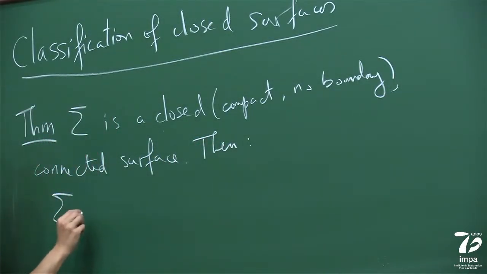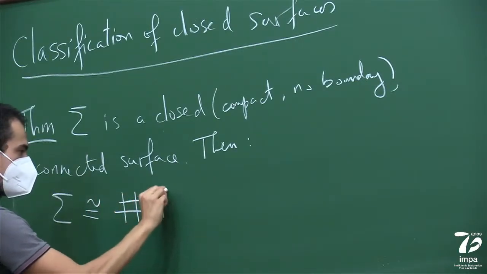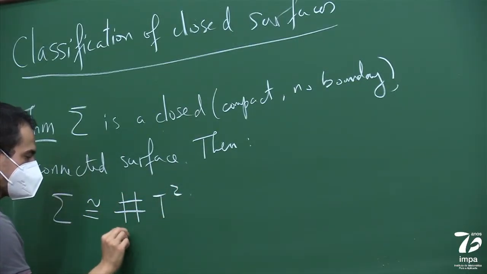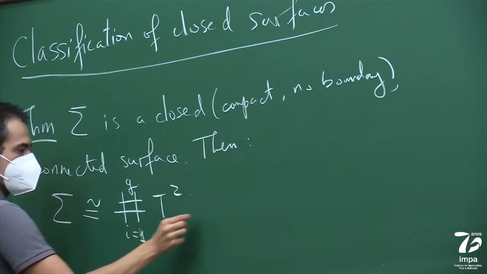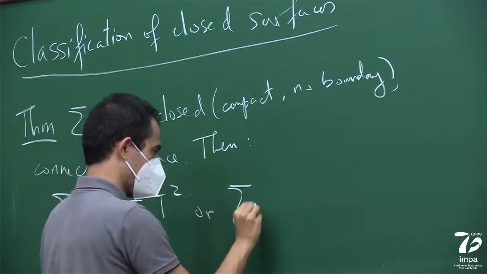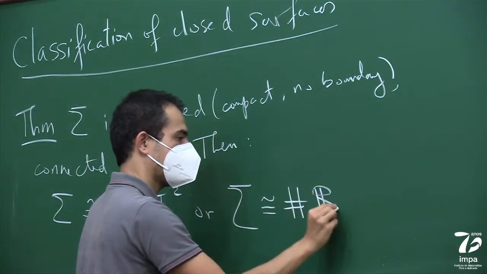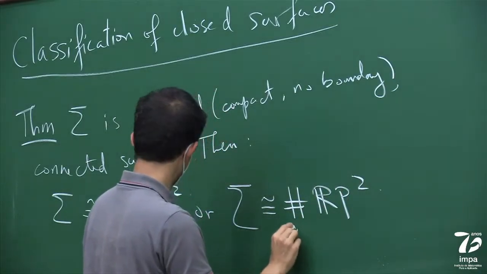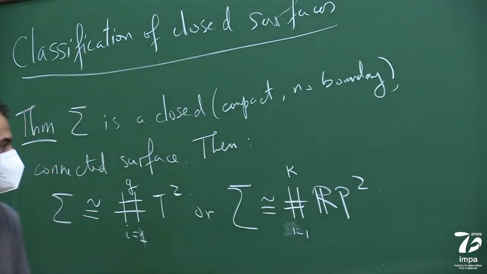Sigma is either diffeomorphic to a connected sum of tori, so of G tori, i equals 1 to G, or sigma is a connected sum of RP2s, i equals 1 to K. And here, the convention is that the empty connected sum is a sphere.